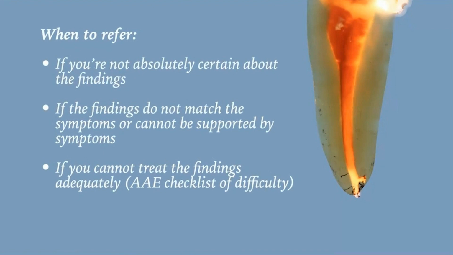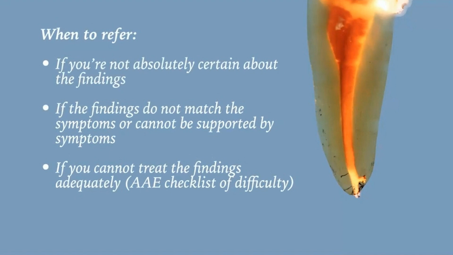So what are some of the key times to refer if you're not absolutely certain about the finding? Having a CBCT is really great to understand a lot more information, but if we don't know exactly what we're looking at, it's definitely important to refer, both to endodontics if it's for endodontic treatment, but also if there are some concerns, you can refer it to radiology for further evaluation as well.